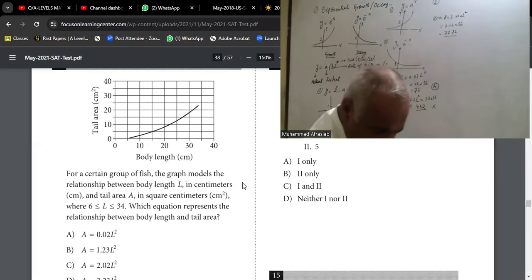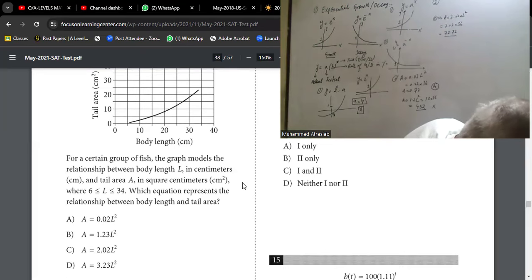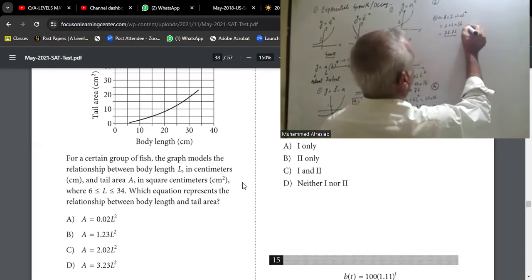And the last is 3.2 L square. So this choice is not there.